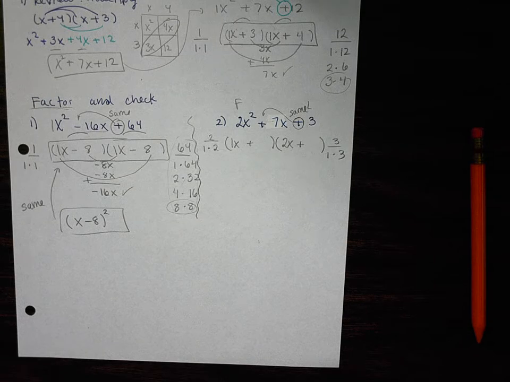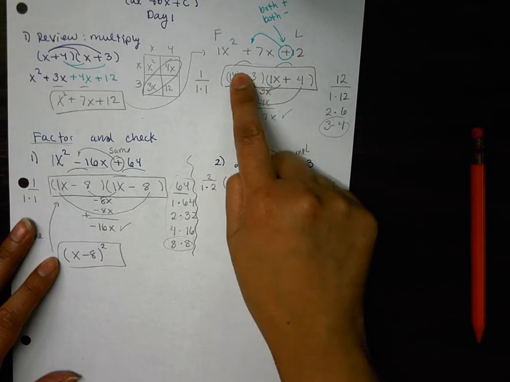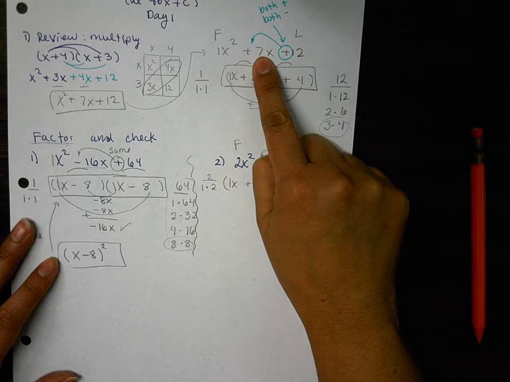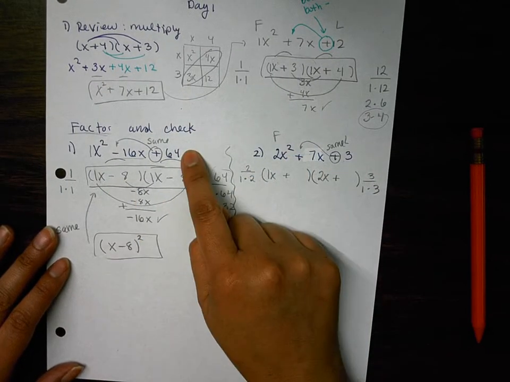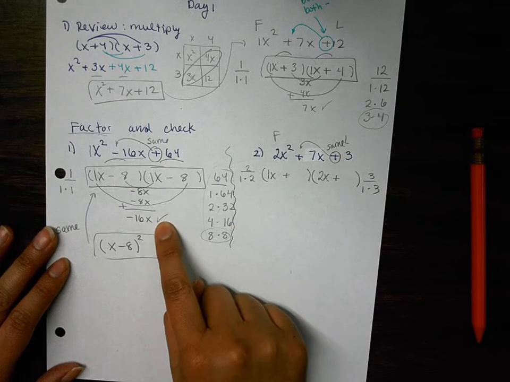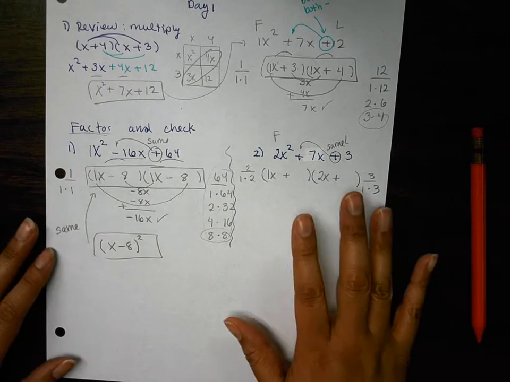Did anybody else catch that? Not like anybody catch it when we did it earlier? Yes? Okay, so if you didn't hear what he said, I noticed on this one that 3 times 4 is 12, and 3 plus 4 adds up to the middle to be 7. Do you guys agree with him? And negative 8 times negative 8 is 64, and when we add it up, we get negative 16, yes or no?